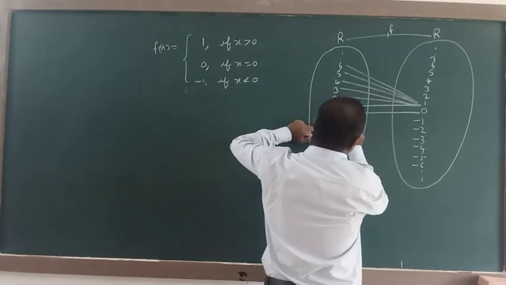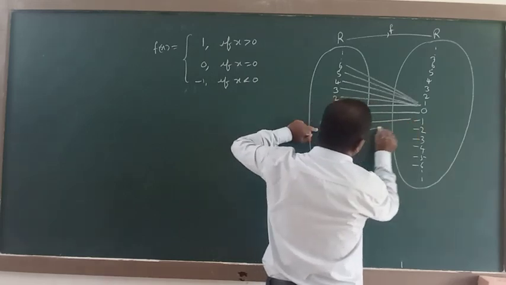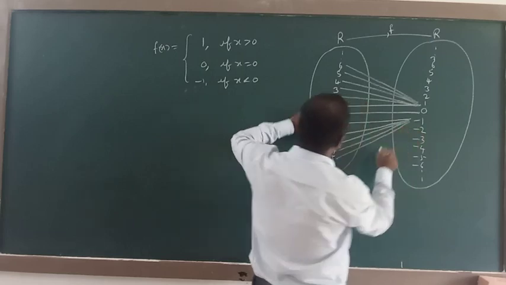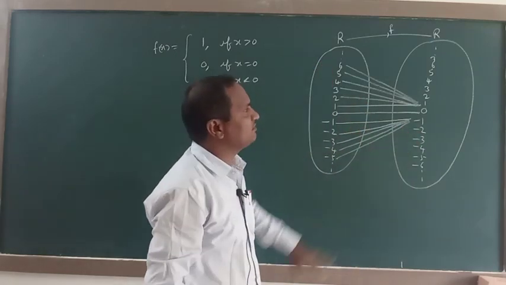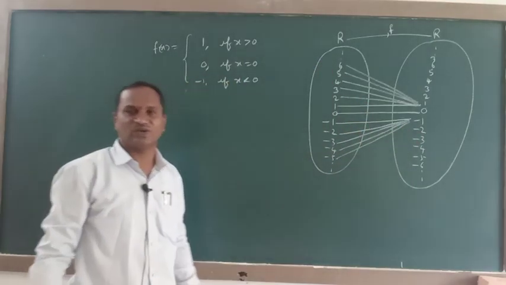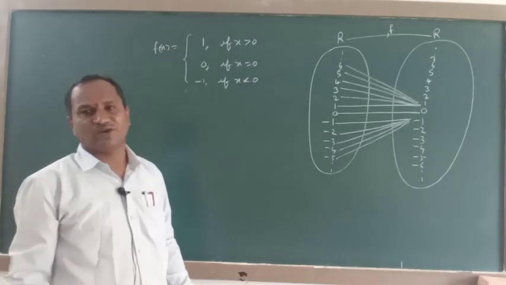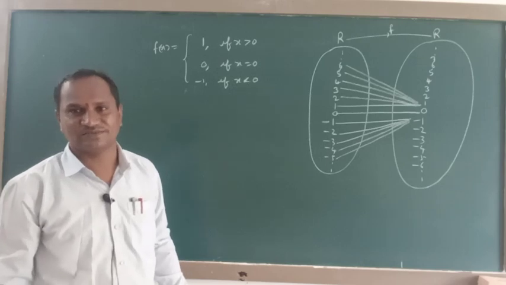For all negative values of domain capital R, minus 1 is the function value. That's why different elements have the same image 1 in codomain capital R. So easily we can say that f is not a one-one function.